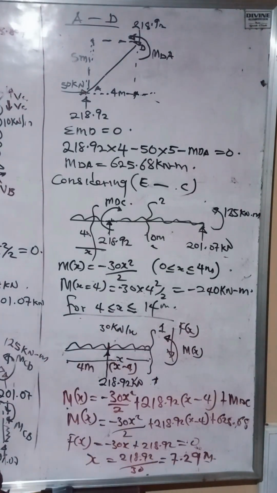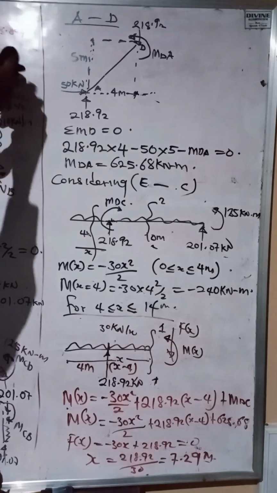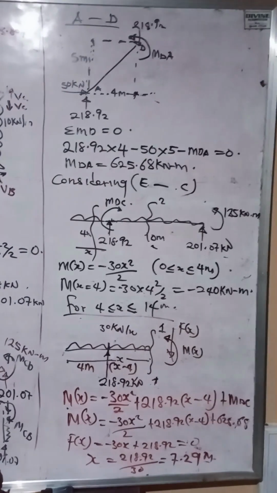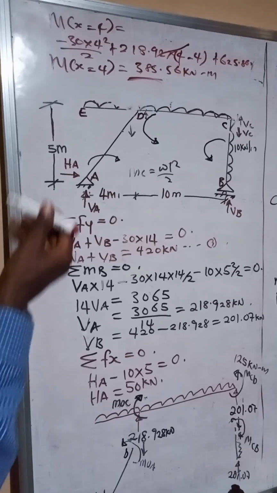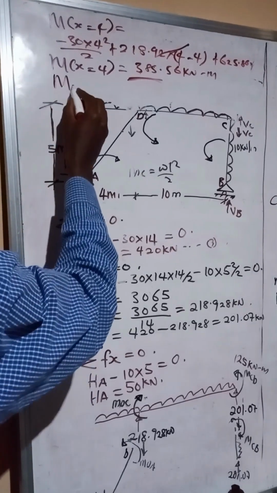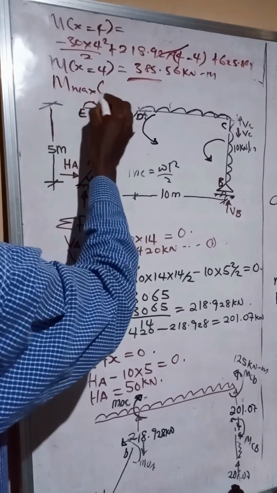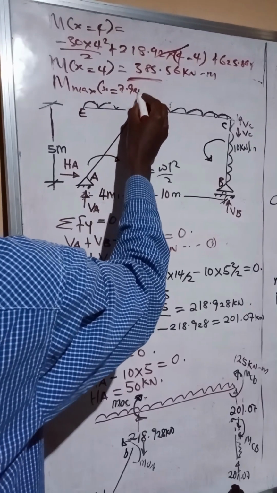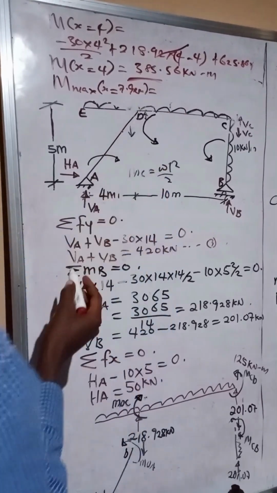So in determining the maximum moment between span DC, we can say that M maximum is when x is equal to 7.29 meters.